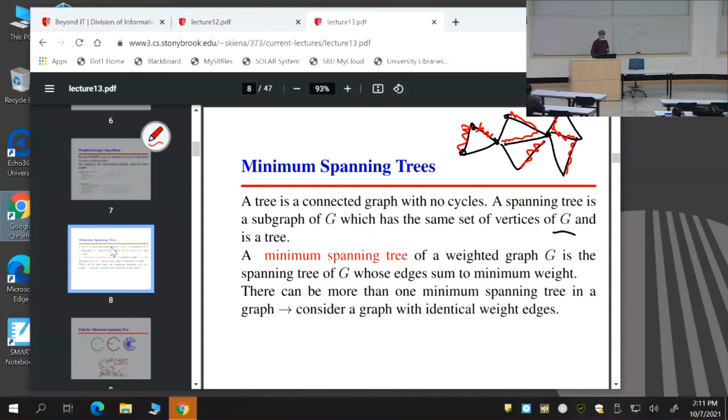Let's see if you're on the ball. How can you construct a spanning tree of an unweighted graph? If I want you to build a spanning tree of an undirected, unweighted graph, how would you build a spanning tree? Yeah? You could start from some vertex and do a DFS.